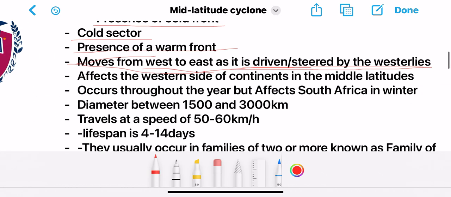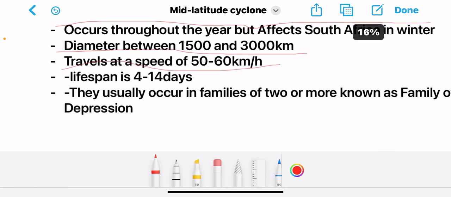Now, as I've said, it affects the western sides of the continent in the middle latitudes. Here we're referring to the areas of 30 to 60 degrees north and south of the equator. Now, the diameter is between 1,500 and 3,000 kilometers. This mid-latitude cyclone travels at a speed of 50 to 60 kilometers per hour.